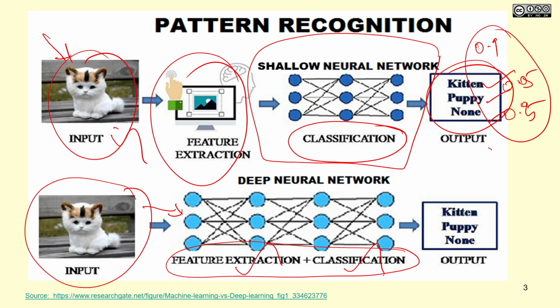Each and every layer in the deep neural network is intended to do a specific task to find the important features, making the data into a structured one, so that the final stage will do a classification in order to understand what the given input is, whether it is a kitten or puppy or nothing else according to the input data.